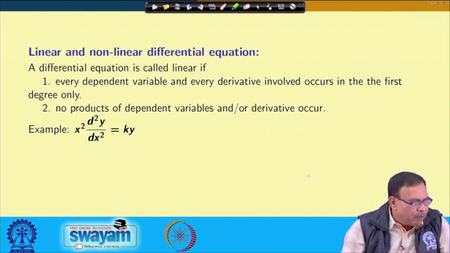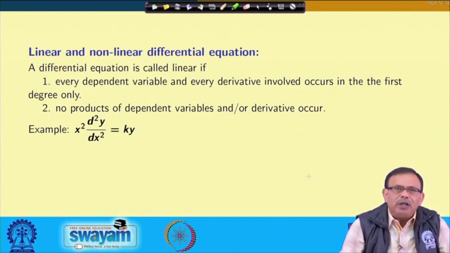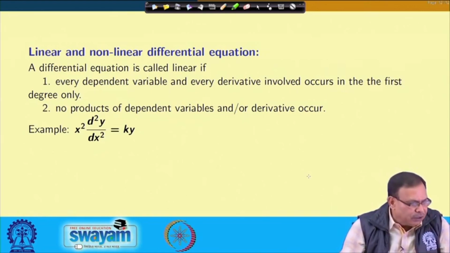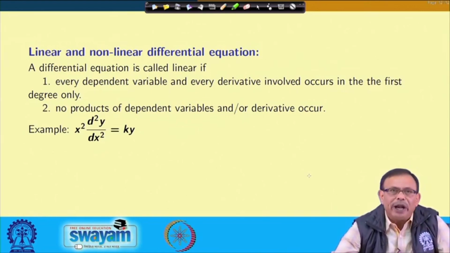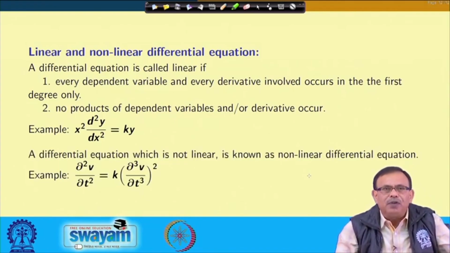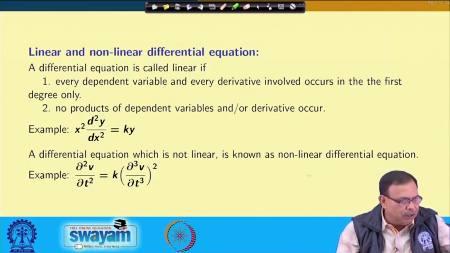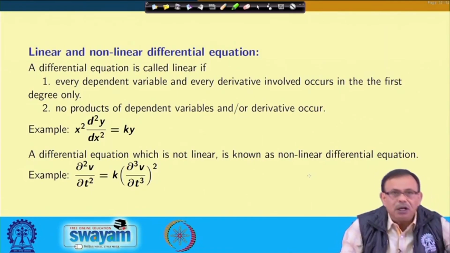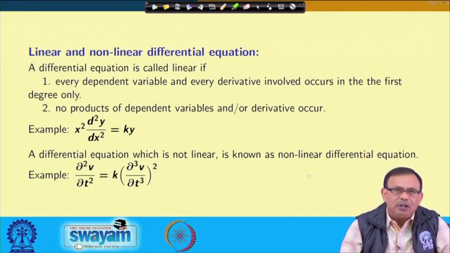Here is one example: x² into d²y/dx² equals ky. This is the linear form, whereas a nonlinear differential equation is defined as a differential equation which is not linear. An example we can give is ∂²v/∂t² equals k into (∂³v/∂t³) whole square.